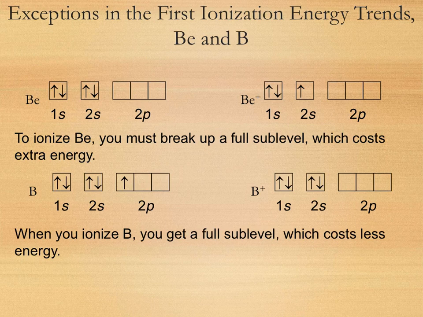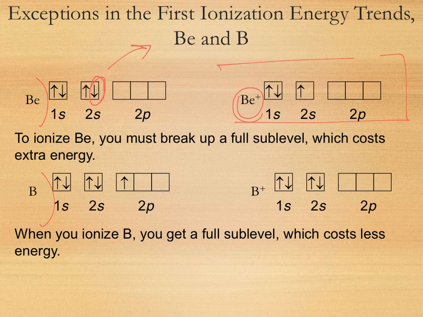If you look at the electron configuration for beryllium and boron, we're comparing those two. Notice that beryllium ionization removes the outermost electron. So with beryllium, we're trying to remove this electron. When we do remove it, we get the beryllium cation and an electron configuration that looks like this.